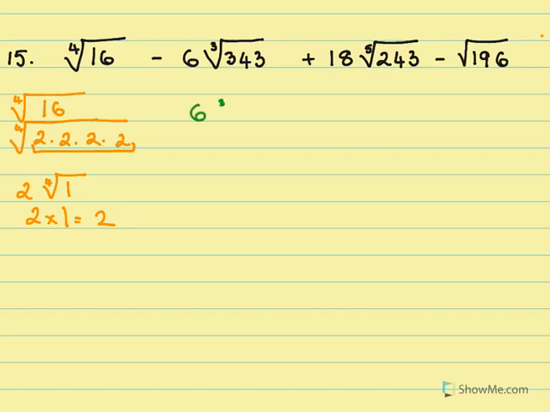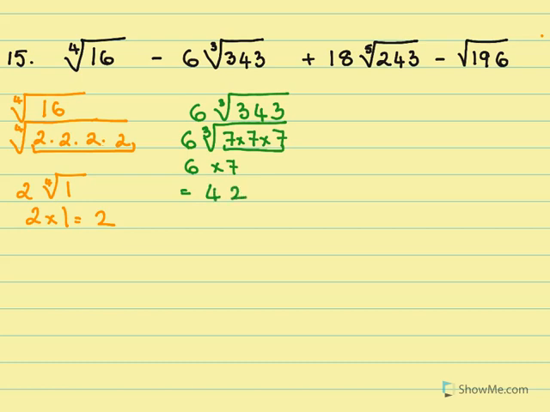I will take up the next, 6 cube root of 343. So 6 cube root for 343, it is 7 into 7 into 7, and it is cube root, so I make groups of 3. So 6 into 7, the answer here will be 42.